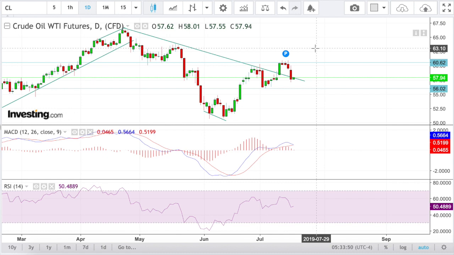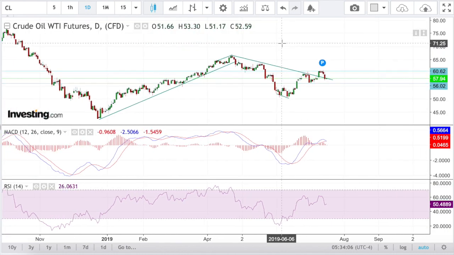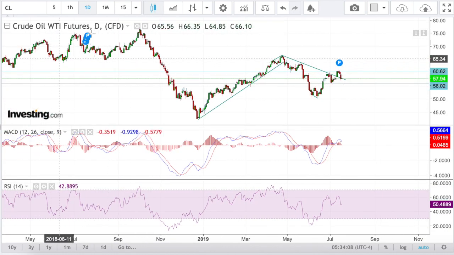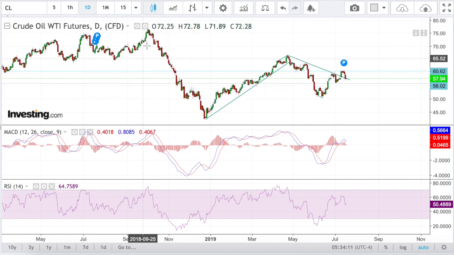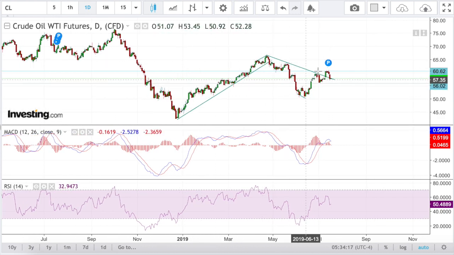I think it has made a false breakout if you saw my last video. And if that's the case, then crude oil is likely to go down with the markets. If you haven't noticed, crude oil has been extremely correlated to the markets. You can see it tops right when the market tops and it bottomed right when the market bottomed. So I wouldn't be surprised if the markets start to drop, crude oil resumes its downtrend.